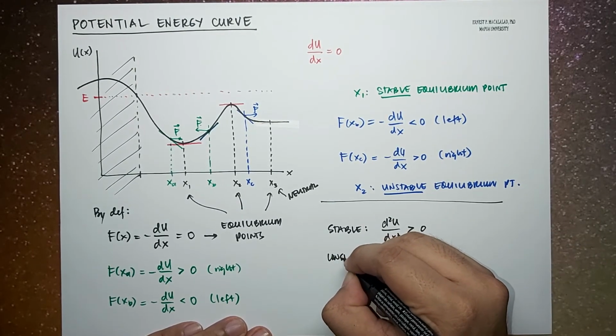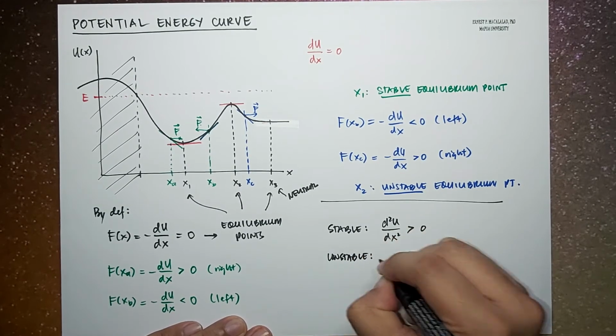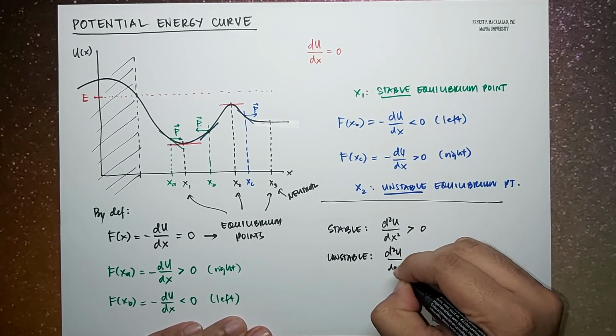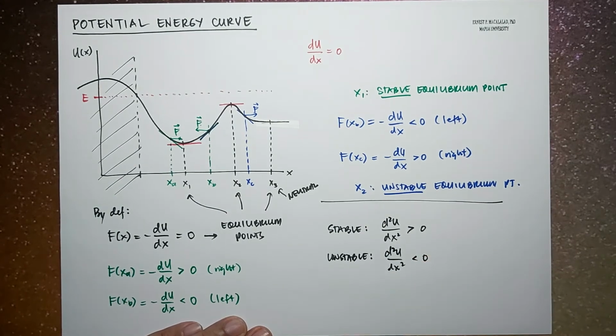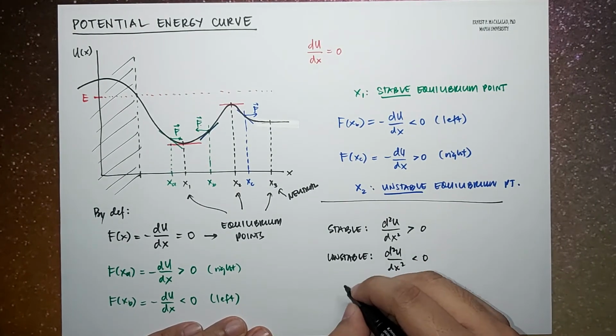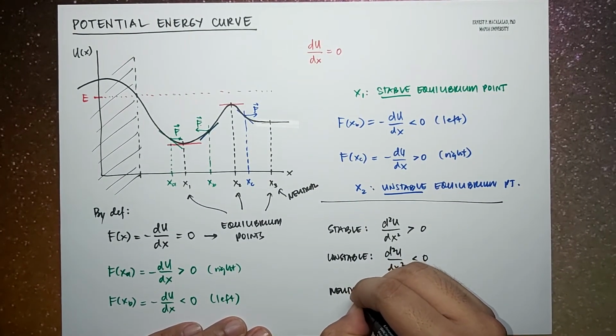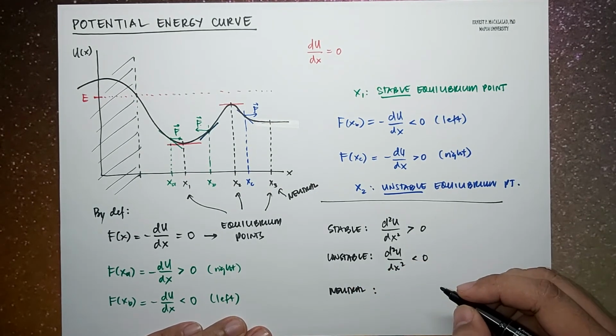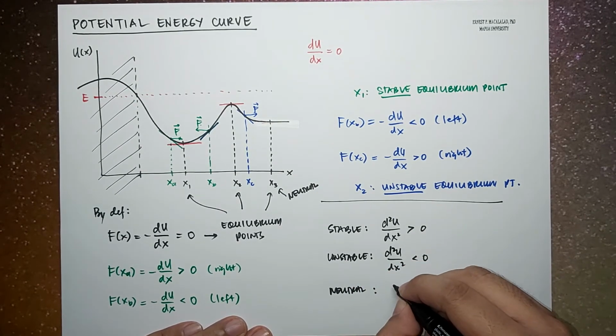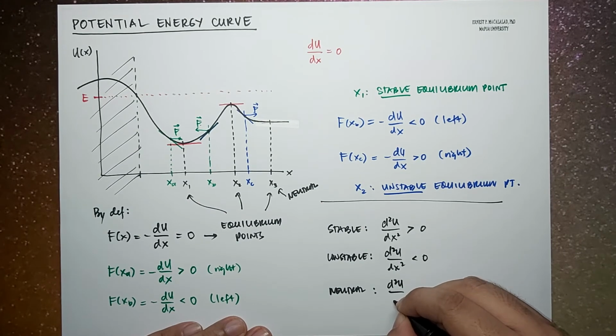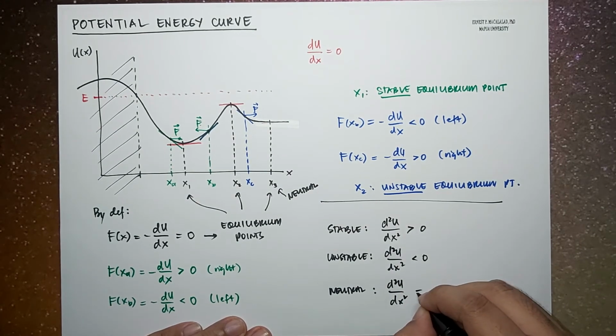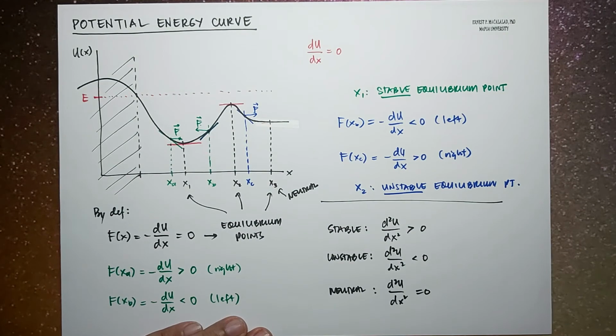For unstable, the second derivative of U with respect to x is negative. And lastly, for a neutral equilibrium point, the second derivative with respect to x of your potential energy is equal to 0.